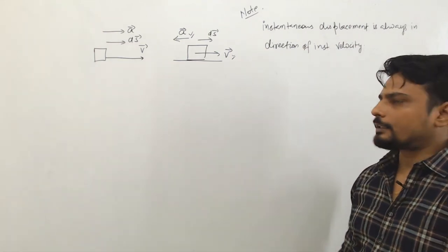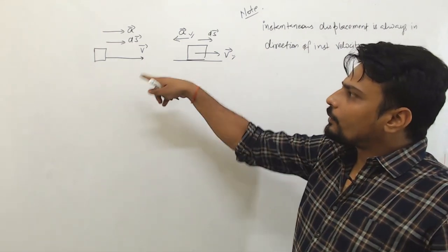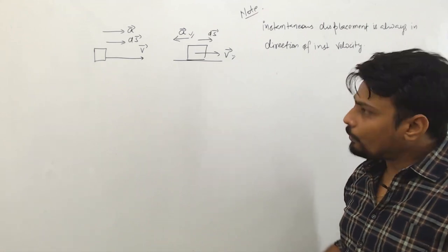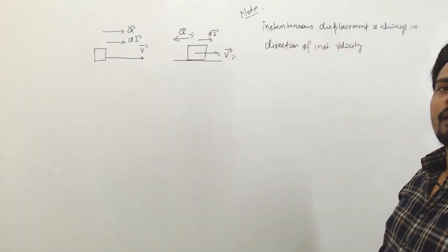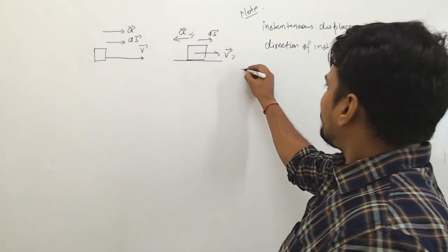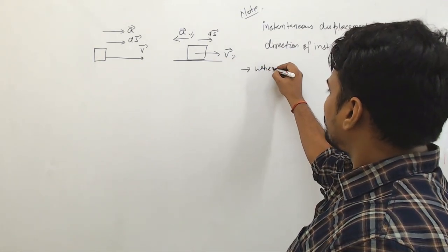A can be up, down, forward, backward. But still they are collinear. And no components of these parameters are in any other coordinates. So basically, write this down, what is the meaning of 1D?